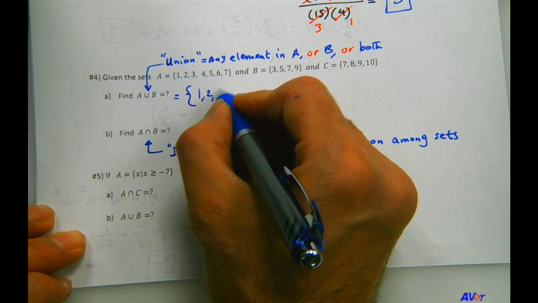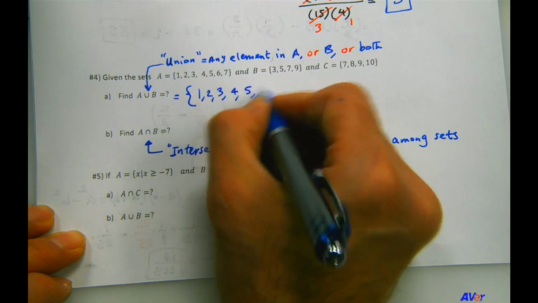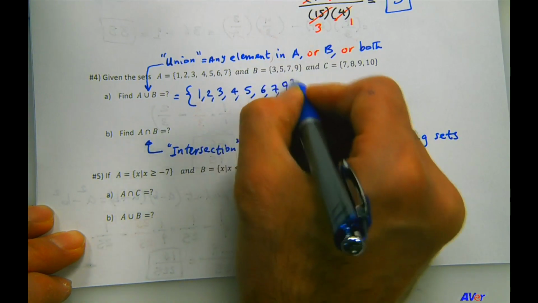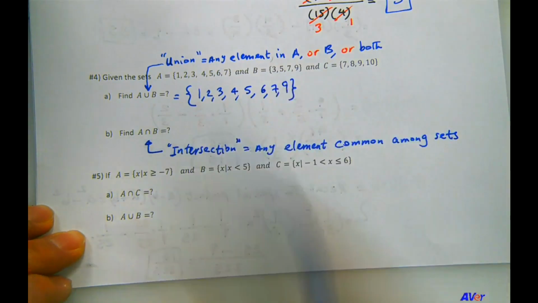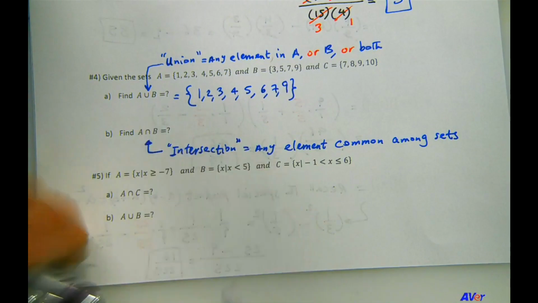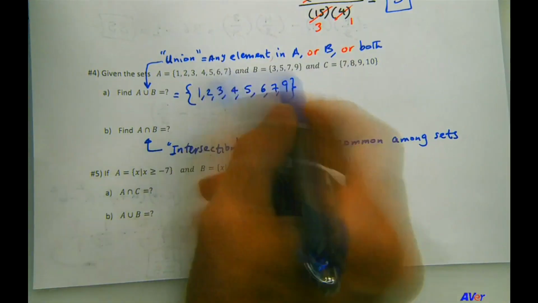So 1, 2, 3, 4, 5, 6, 7, and 9, right? That's A union B.